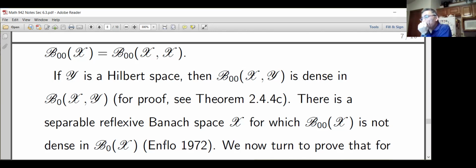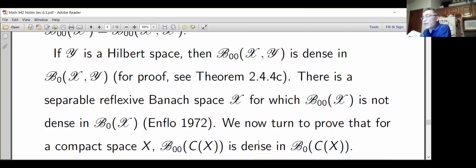Then in 1972, it was discovered that there exists a separable reflexive Banach space X for which B00(X) is not dense in B0(X). So this question was answered in 1972.